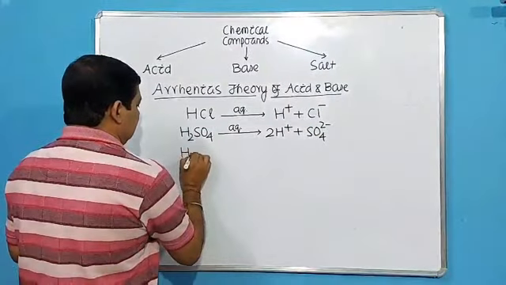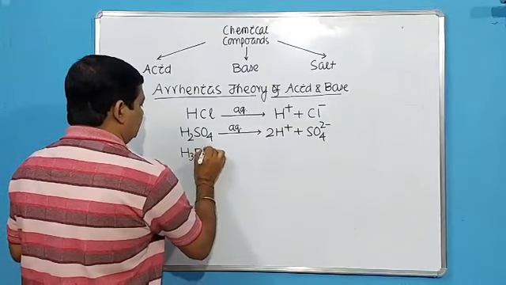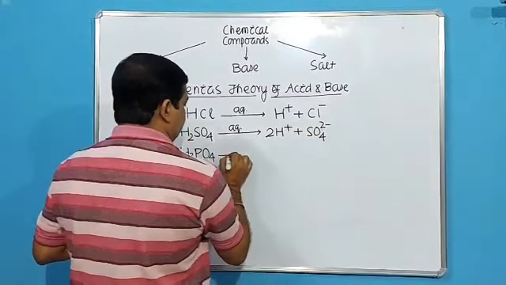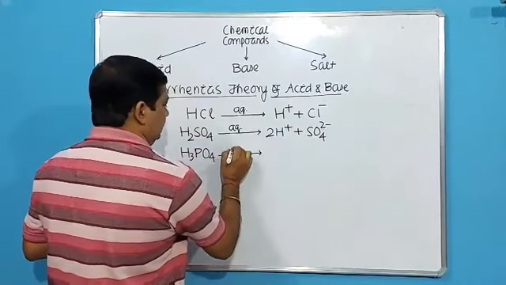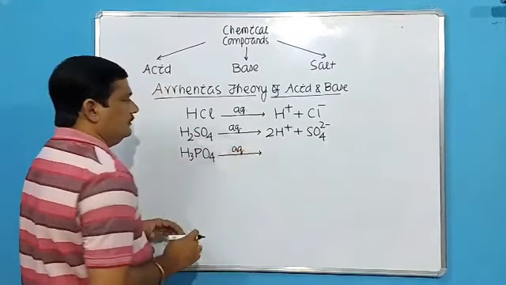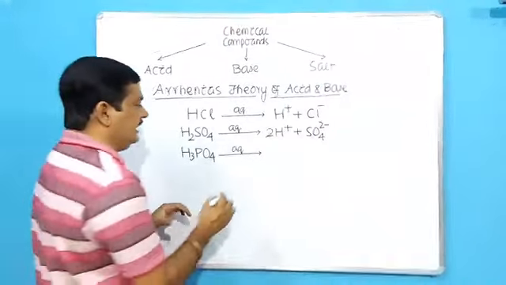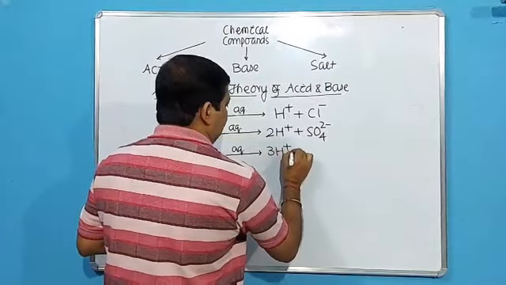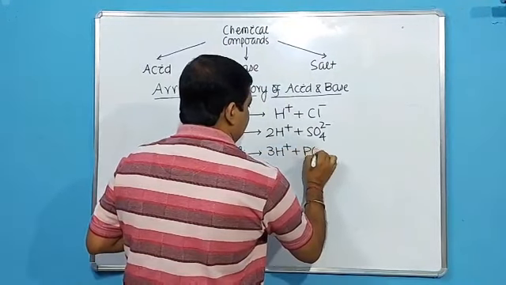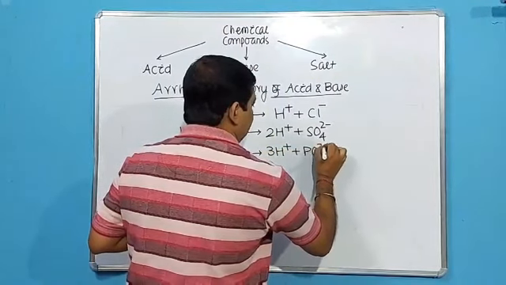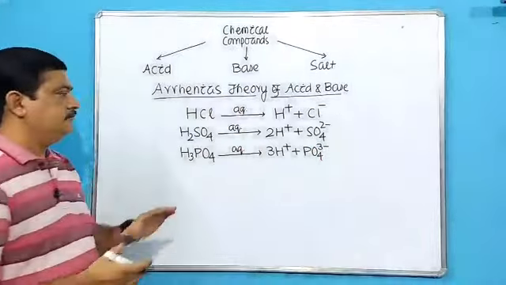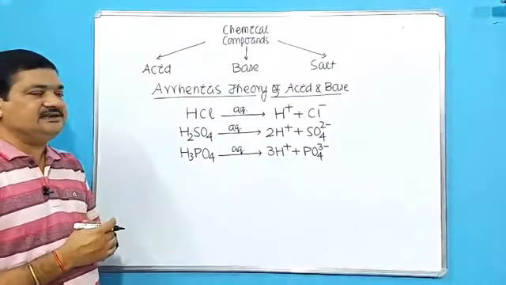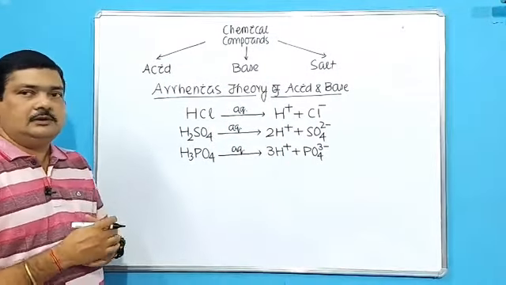Then H3PO4, phosphoric acid, is also an acid. Similarly, when it is brought into aqueous medium, that means when added to water, it ionizes to give you 3 H plus ions plus the phosphate radical PO4 3 minus. So all of them are called acids as per Arrhenius theory.